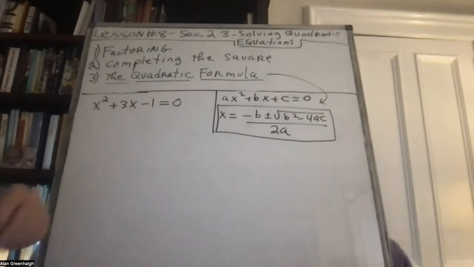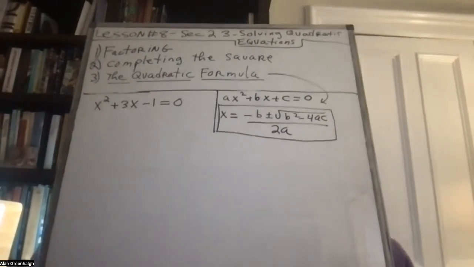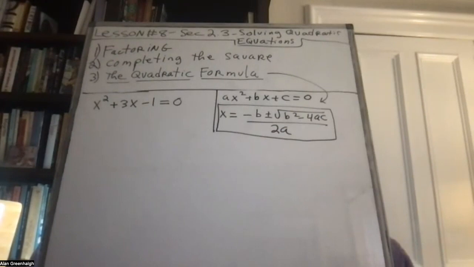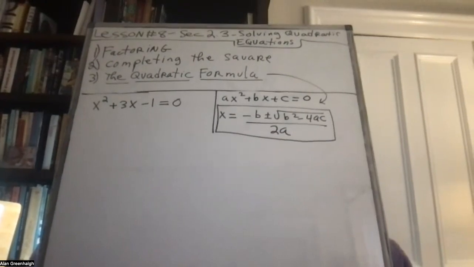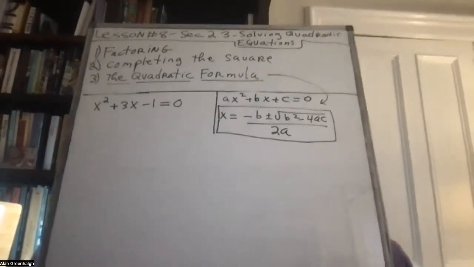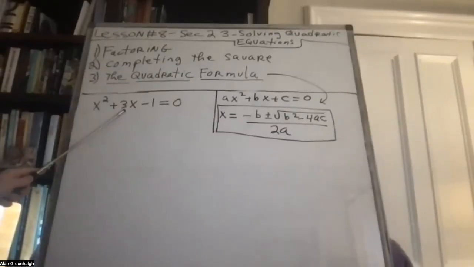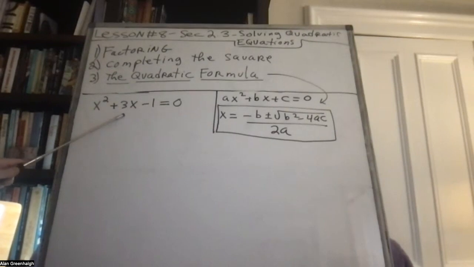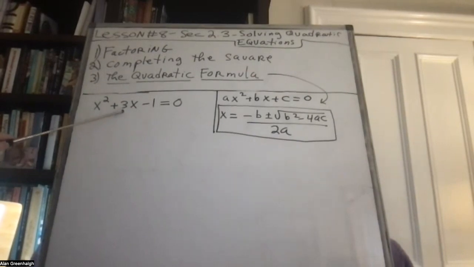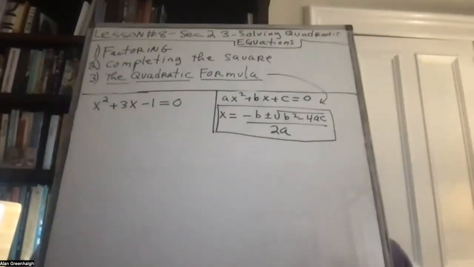If you go back through the notes and see the problems that I used to complete the square, you'll come to the conclusion that in every case, this was an even number. But in this problem, you can't factor it. It's an odd number, which would make it very difficult to take half of this number and then square it. Imagine doing all that work with fractions and all of that stuff. That would be difficult.